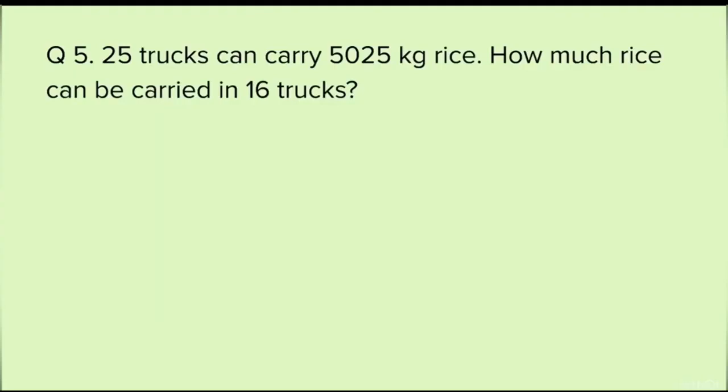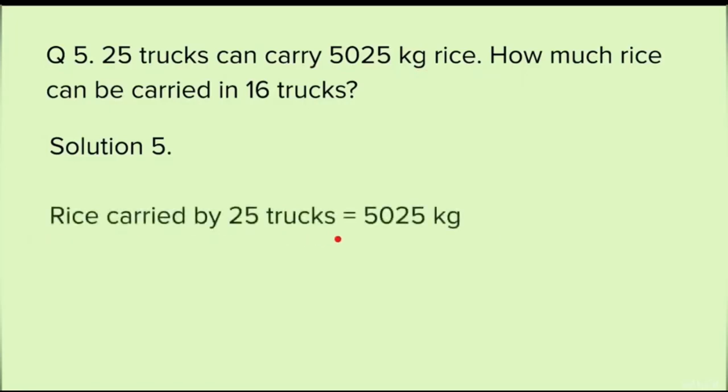The next question, 25 trucks can carry 5025 kg rice. How much rice can be carried in 16 trucks? So the question says that 25 trucks were carrying 5025 kg. So rice carried by 25 trucks is equal to 5025. Next is how much rice will be carried by 16 trucks.